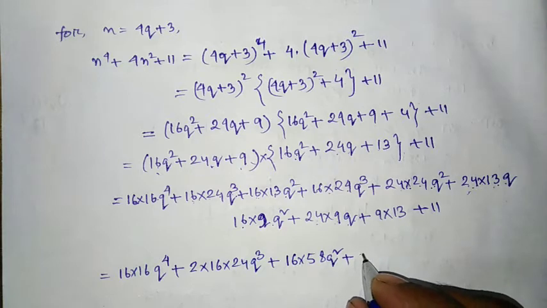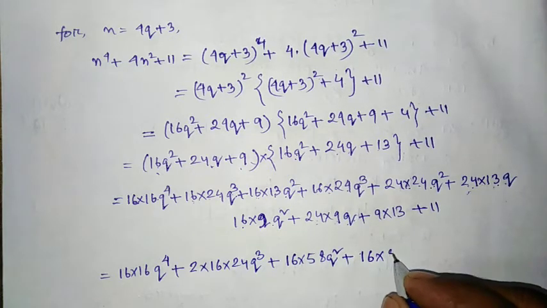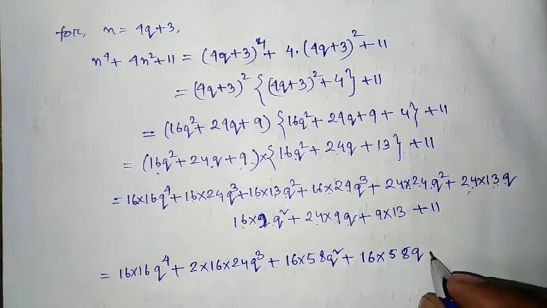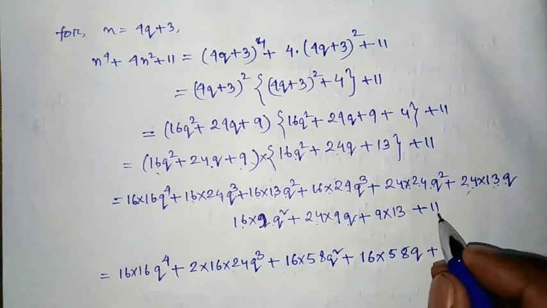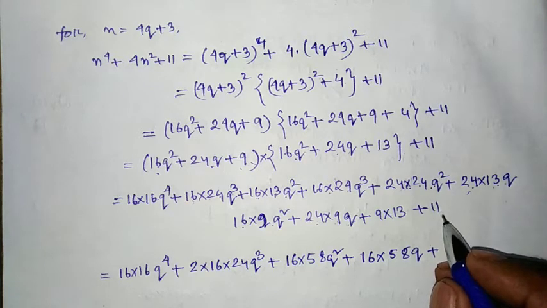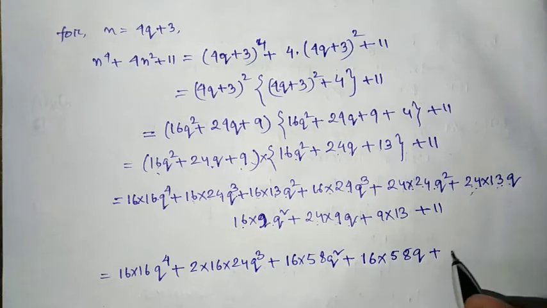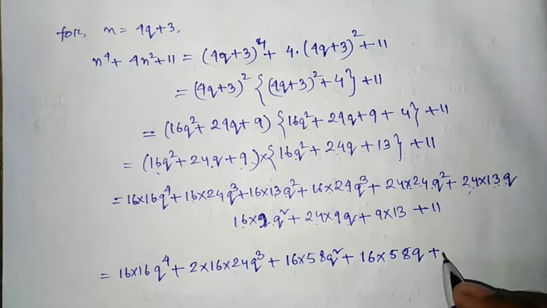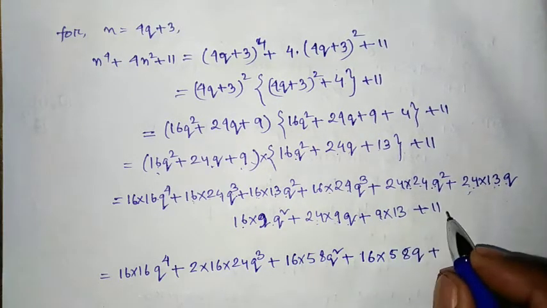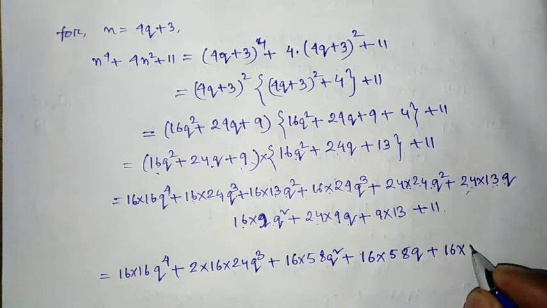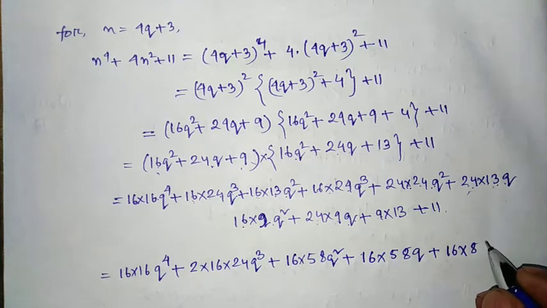Then the q containing terms are 24 into 13q and 24 into 9q. Let me calculate first. If we add these two results, we get 528q, and 528q can be written as 16 into 58q.